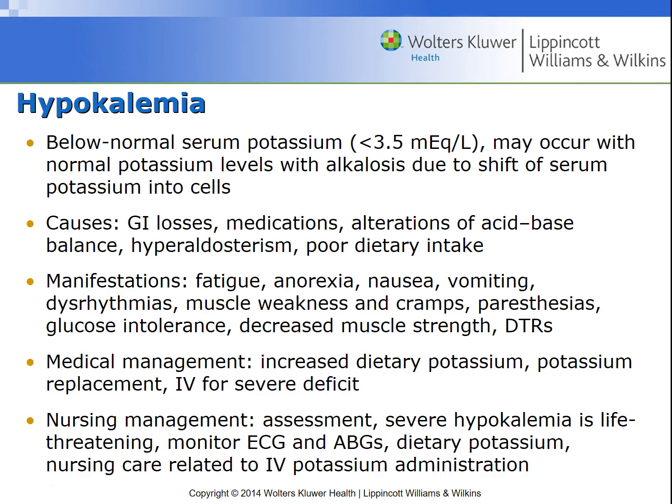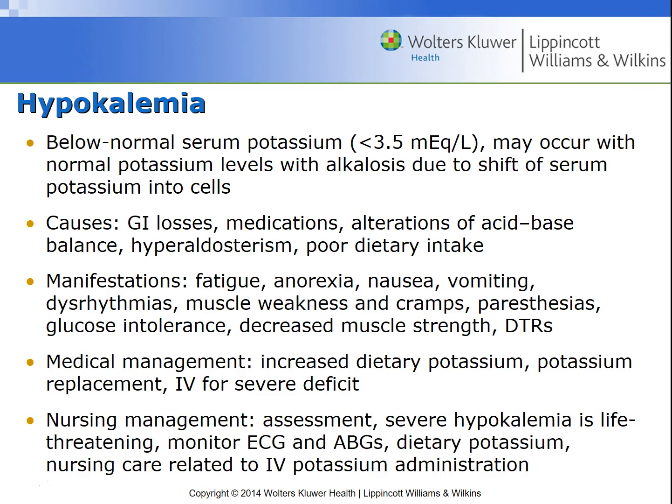Things to look for is fatigue, anorexia, nausea, vomiting, dysrhythmias, muscle weakness, cramps, paresthesia, glucose intolerance, decreased muscle strength, and DTRs. I'm not quite sure what DTR is. The reason why you're looking for the fatigue, the dysrhythmias, muscle weakness, and cramps, and paresthesia is because of the fact that your body needs potassium for muscles to work, and the heart is a muscle.